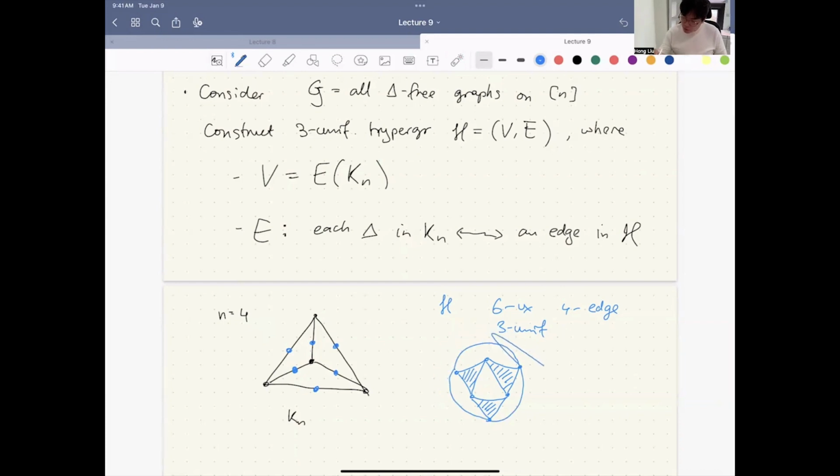I don't know how to draw it in a nice way. Let me try this way then. It doesn't matter, you know what I mean.